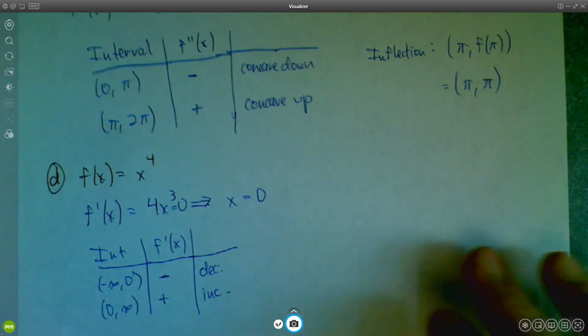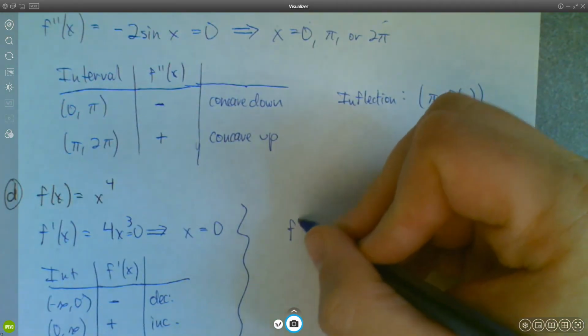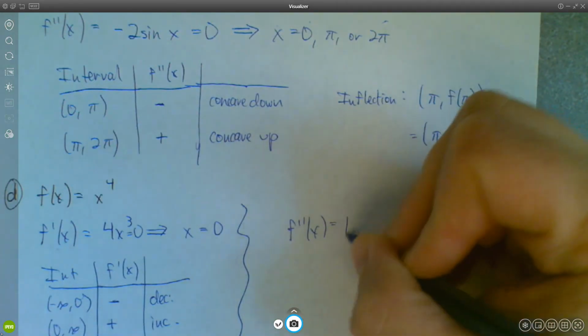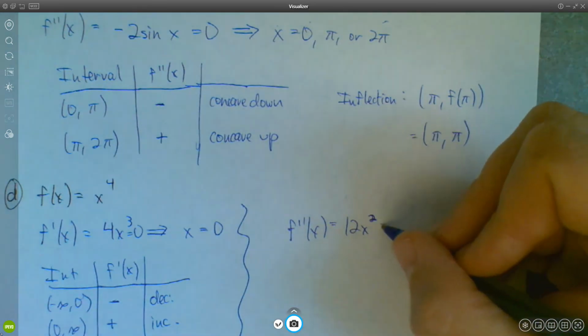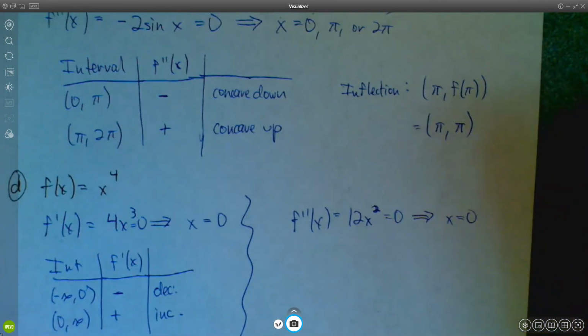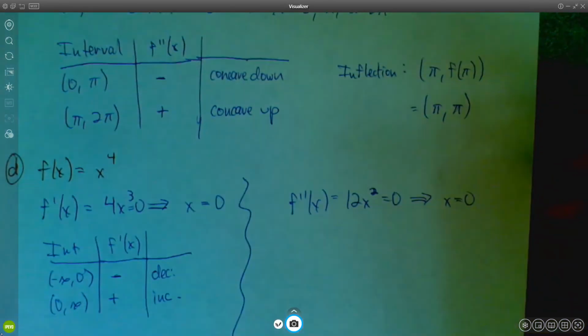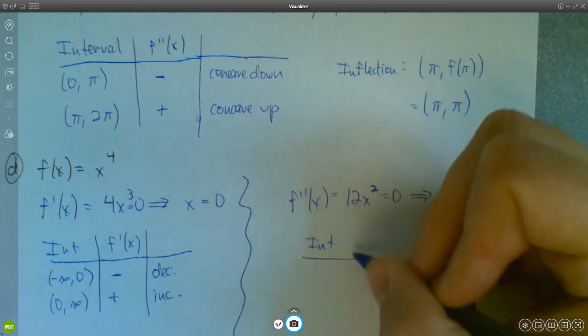Okay, and what about the second derivative? What about concavity, right? So f double prime is going to be 12x squared. If you set that equal to 0 and solve, then once again you're going to get x equals 0. So maybe 0 is an inflection point. Let's see.